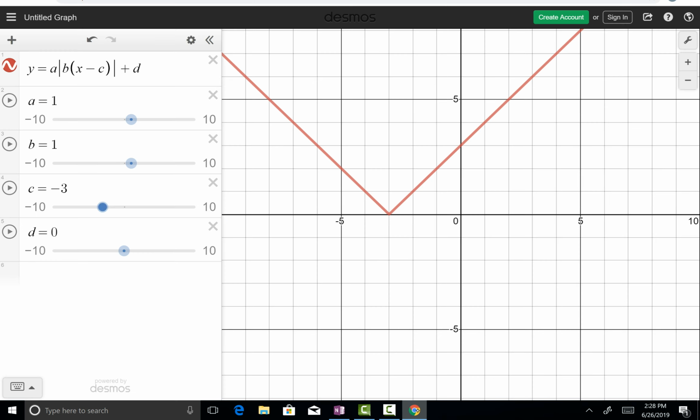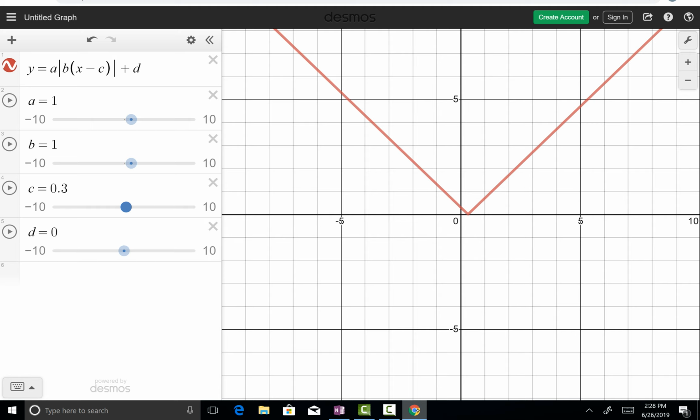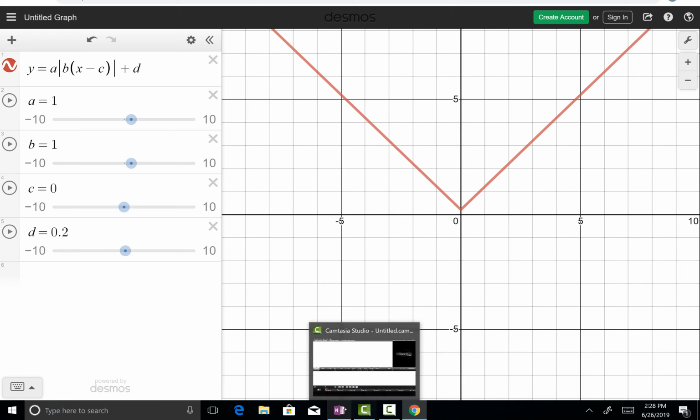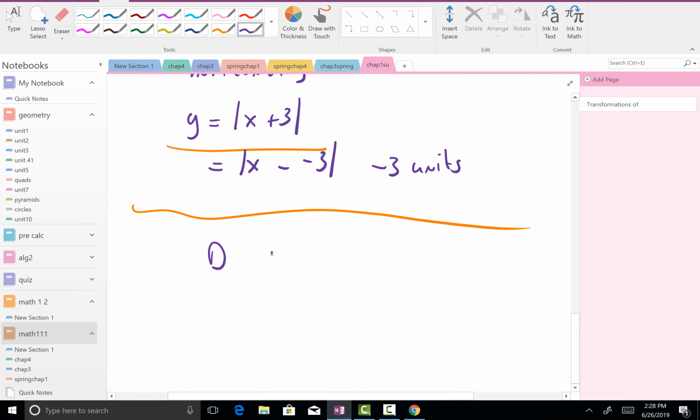Okay, so let me get c here to 0. And we notice, oh, well, d is a slide too, right? Or a translation. But this time it's vertically.